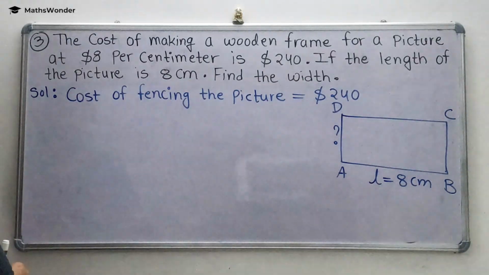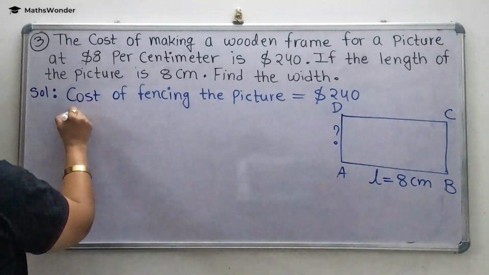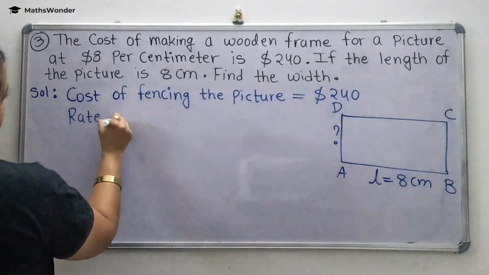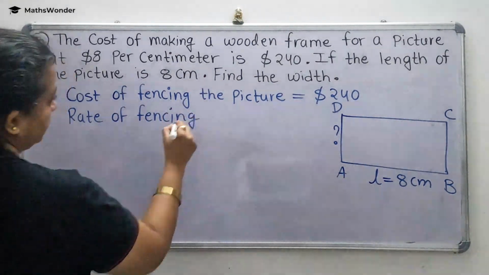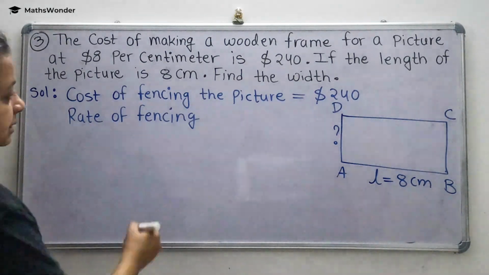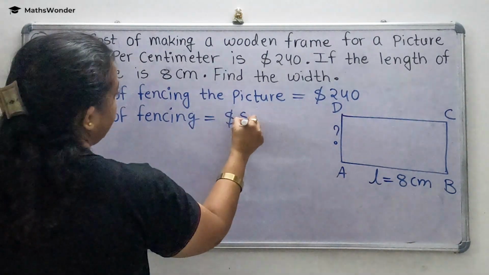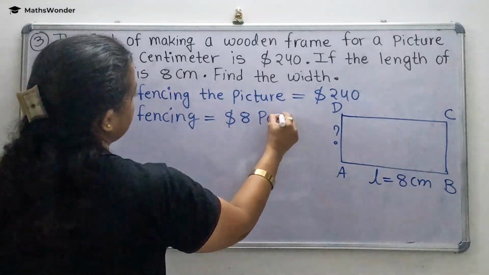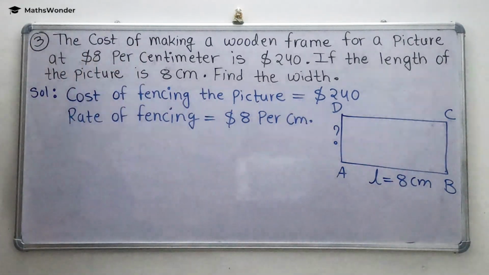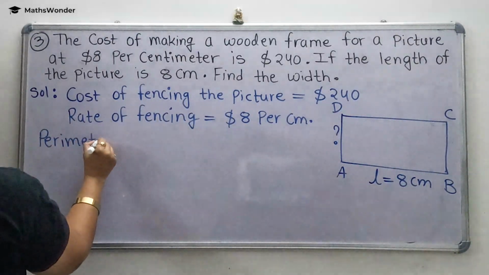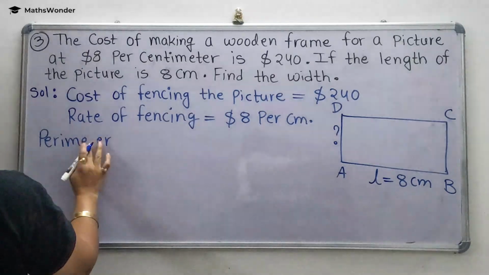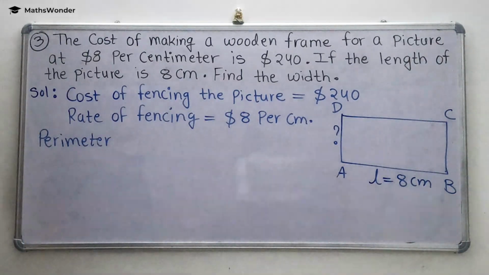The rate of fencing is given as $8 per centimeter. So how will you find the perimeter? Because without finding the perimeter you can't find the width. Only length is given, no perimeter is given, no width is given.